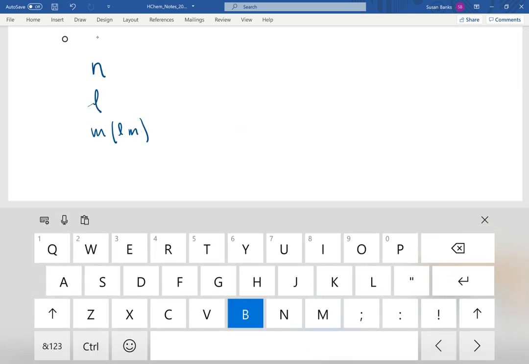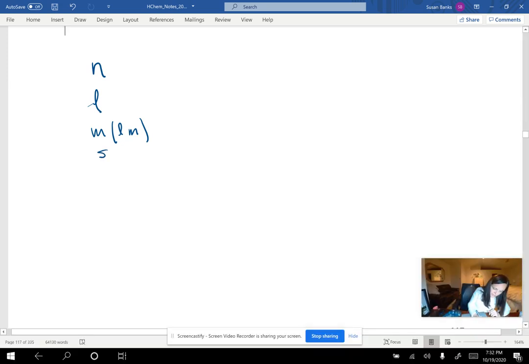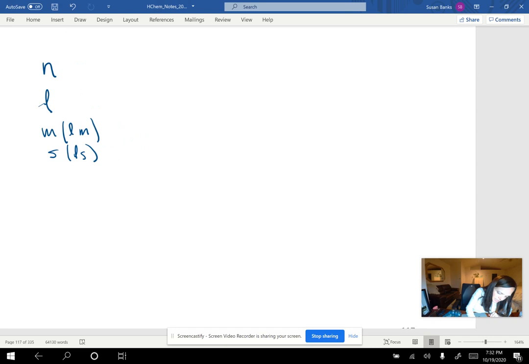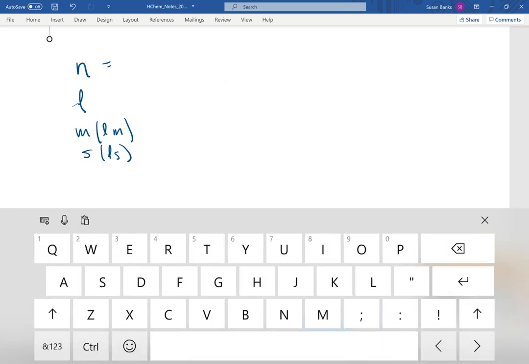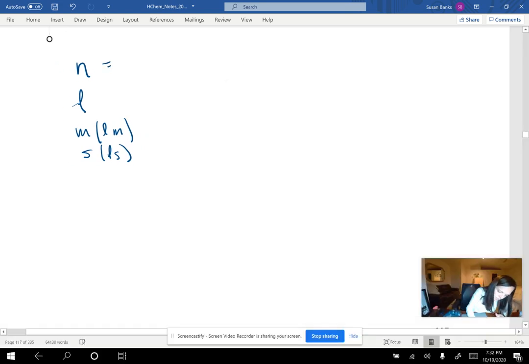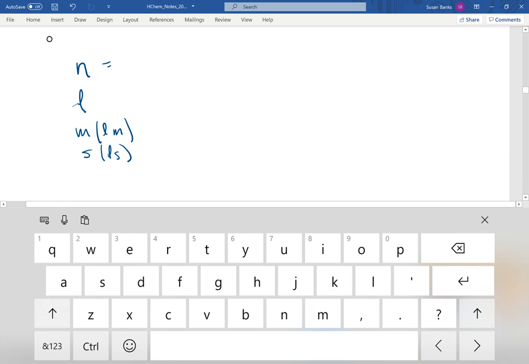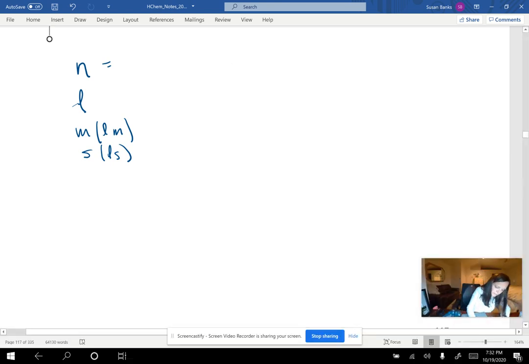Okay, and then we have an S number. Some people call it an L sub S number. I want you to think of the N number as, we're going to pretend like this letter is going somewhere within the United States.